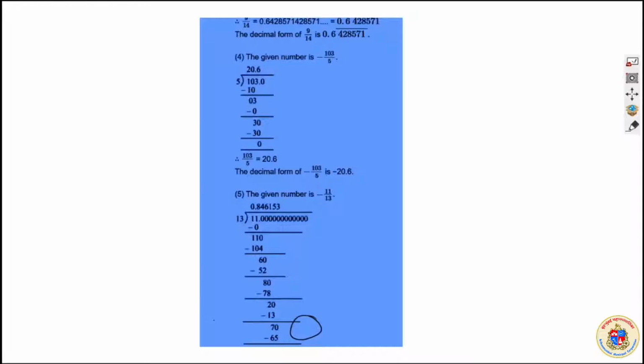The next one is dividing 103 with 5. You are having zero remainder. Naturally 20.6 is the answer. The next one is minus 11 upon 13. When you divide 11 with 13, that is the next one.